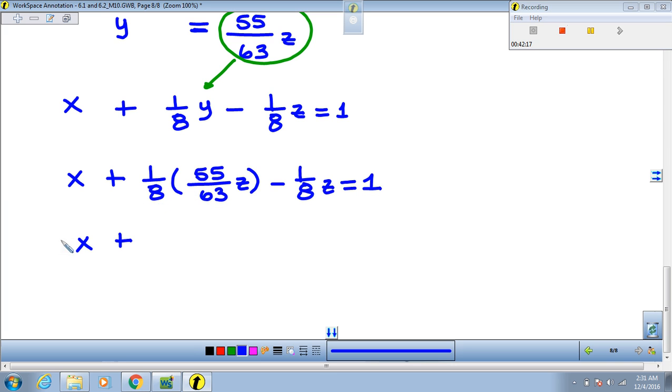After you multiply them both, you're going to get 55 over 504 z minus 1/8 z equals 1.